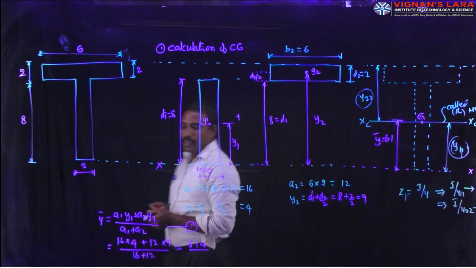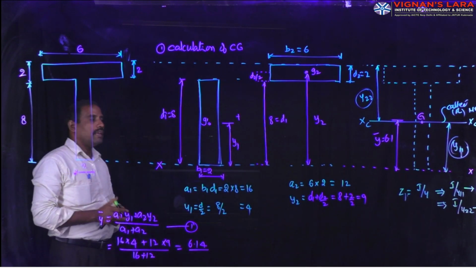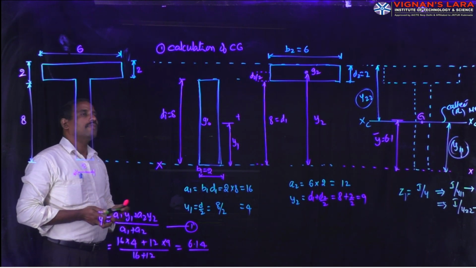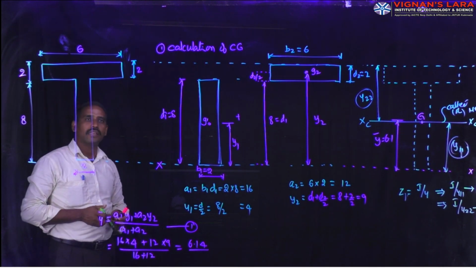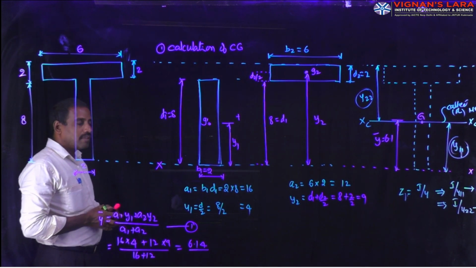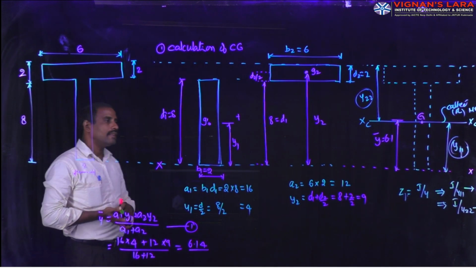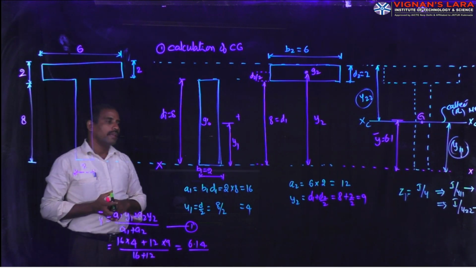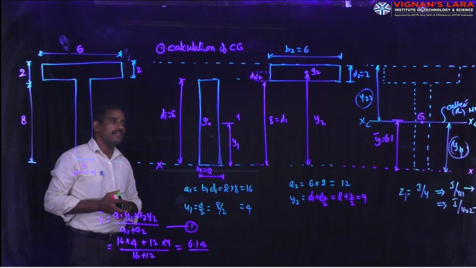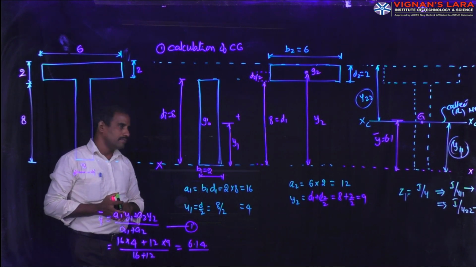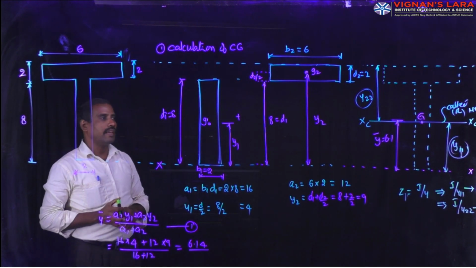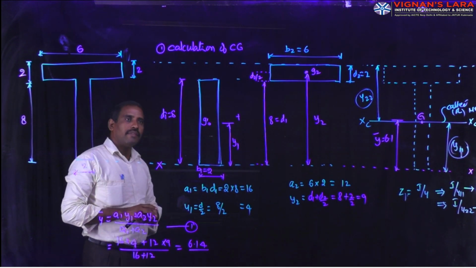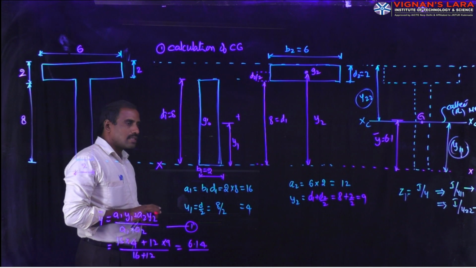So here, what we did is simply calculate the centroid of a T section with the given dimensions. Why do we have to calculate it? To locate, or identify, the neutral axis. The y value for bending stress is always measured from the neutral axis only, and the moment of inertia should also always be taken with respect to the centroidal axis only.